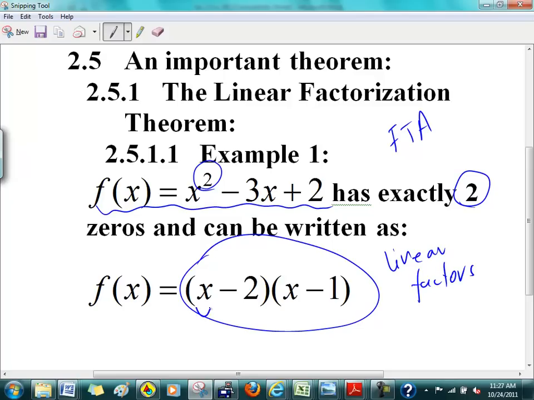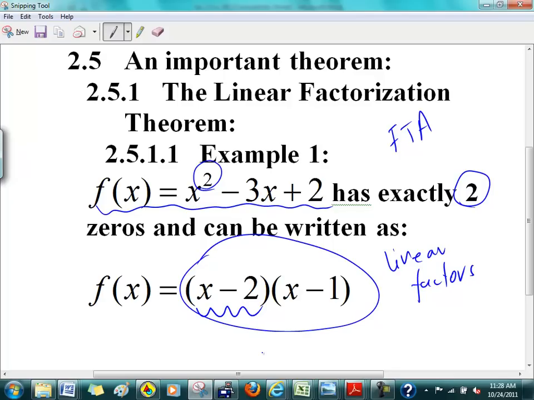So, for instance, this is a linear factor. Does anybody know why x minus 2 is a linear factor? You know what a factor is, right? A number, or in this case something, that goes into it without a remainder.